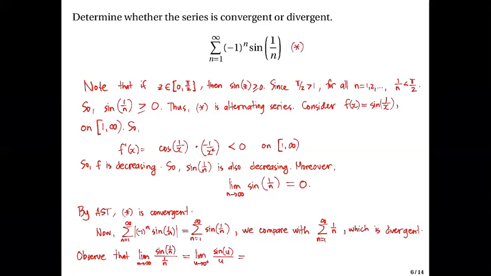And recall that this is just equal to 1, and this is greater than 0. Which means that this series is divergent. So the series sine 1 over n, from 1 up to plus infinity, is divergent by limit comparison test.